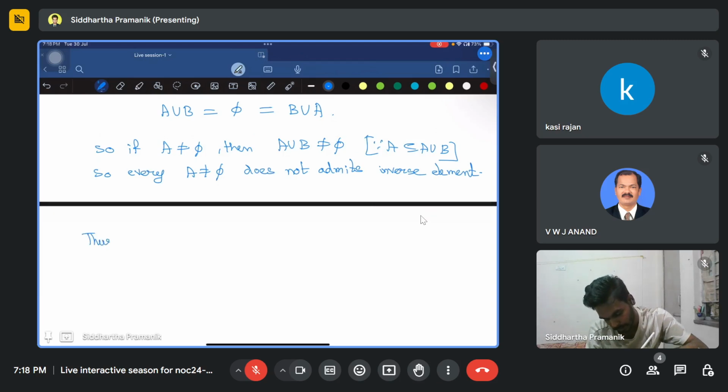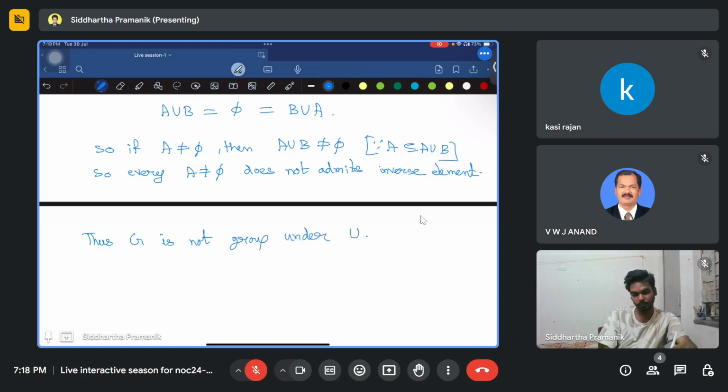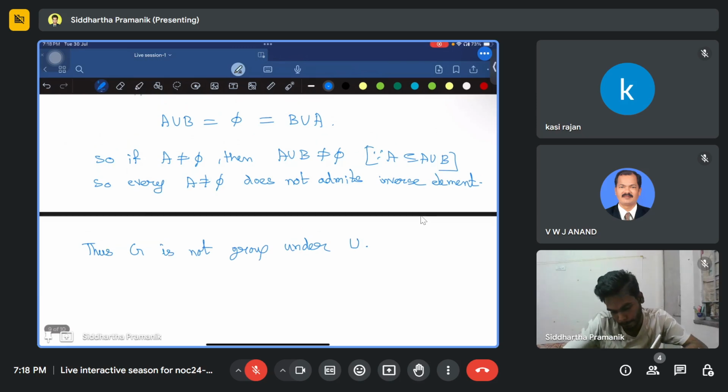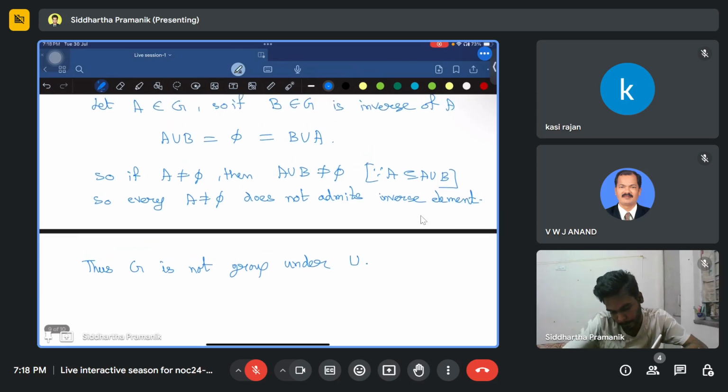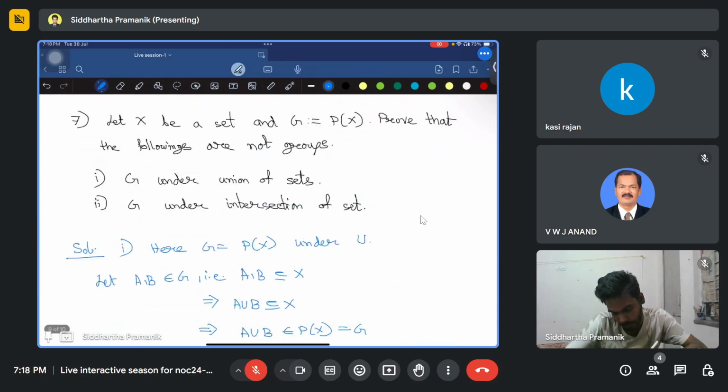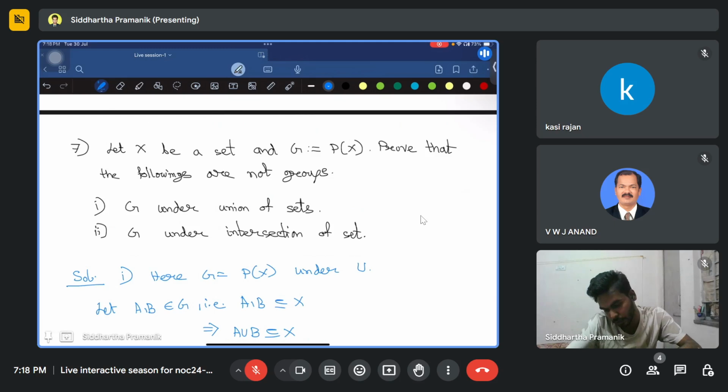Thus, G is not a group under the operation union. I hope this proof is fine. So the first one is done, which is the union of sets.